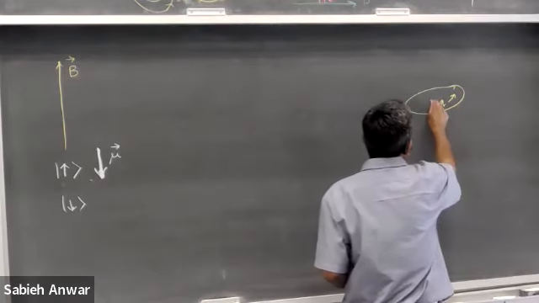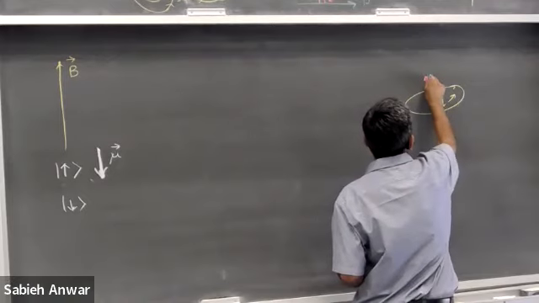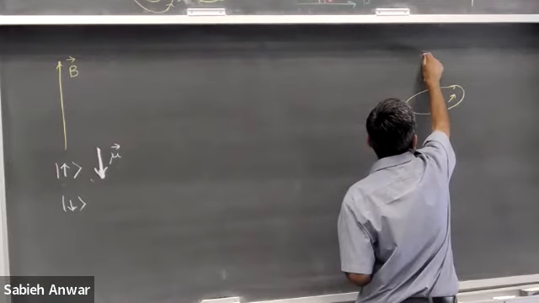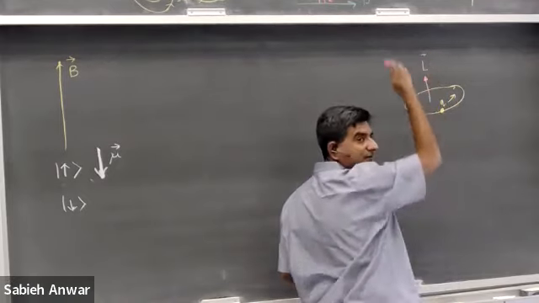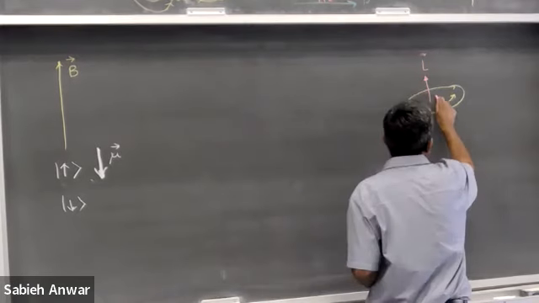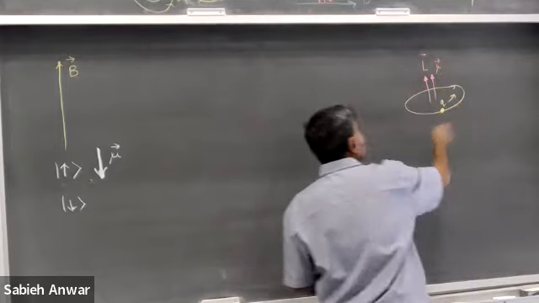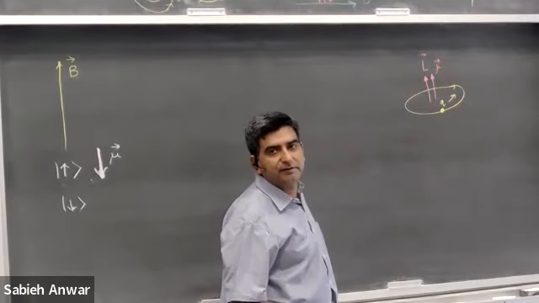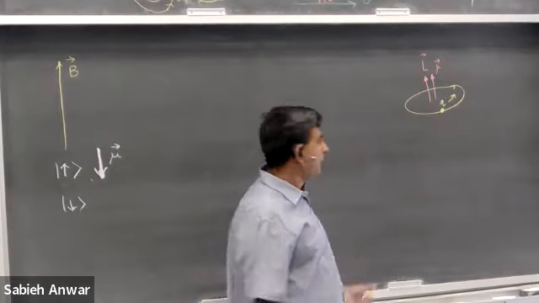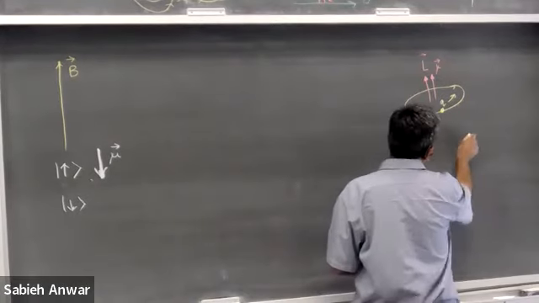The angular momentum, let's call it L, is upwards. The magnetic moment is also upwards because the charge is positive.